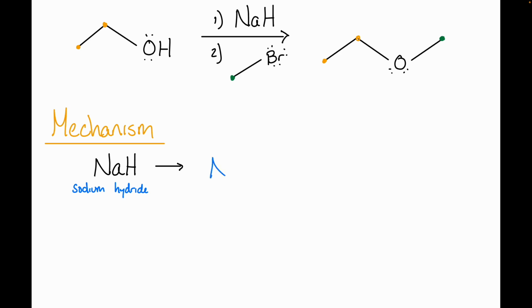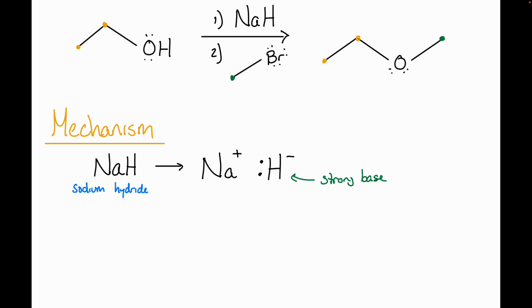So this is actually an ionic compound with a sodium ion and what we call a hydride ion, this negatively charged hydrogen. This hydride ion right here is a strong base, and it's a strong base that's got one claim to fame.